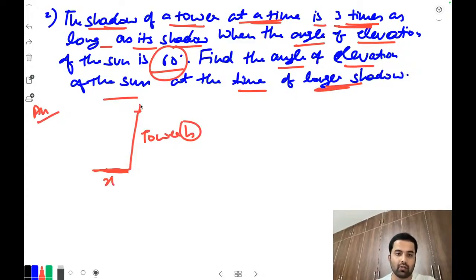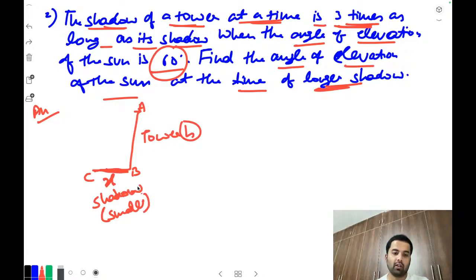Let me mention the names also here, A, B, C. Okay, this is a small shadow. Let me mention that also, small shadow. Yeah, see this is a small shadow, which we kept as x, and with the small shadow it is making 60 degree.